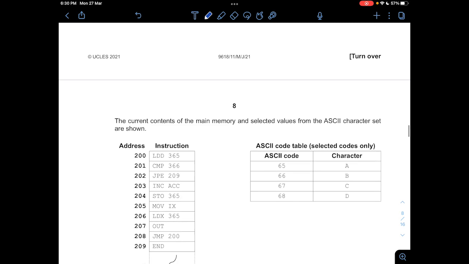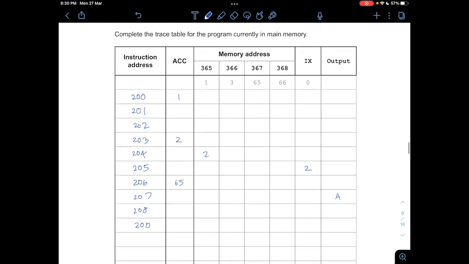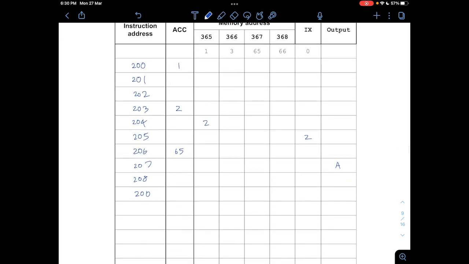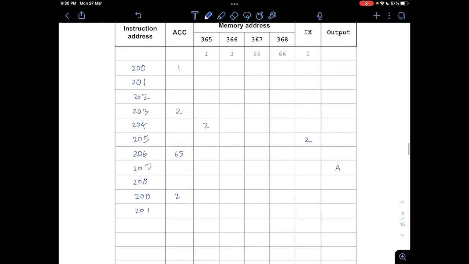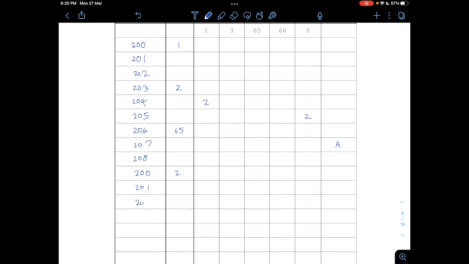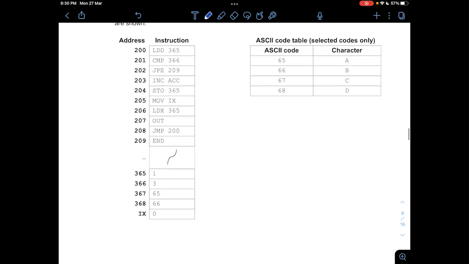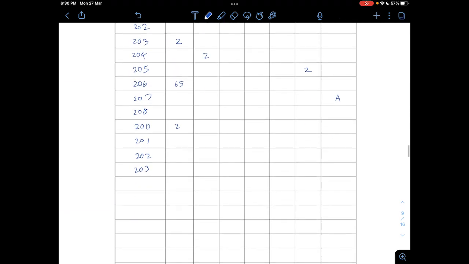And then address 200, same thing again, LDD 365. Our 365 is now 2, so we add 2 into the ACC. And then 201. 201 is to compare with 366, but 366 is 3, so it's still false, so we can just jump directly to 203. 203 is increment accumulator, so increment it by 1, so we get 3.